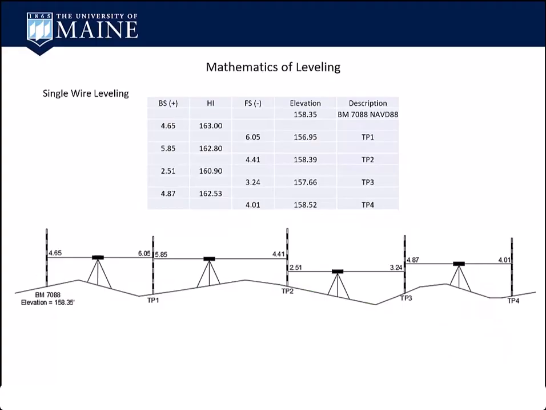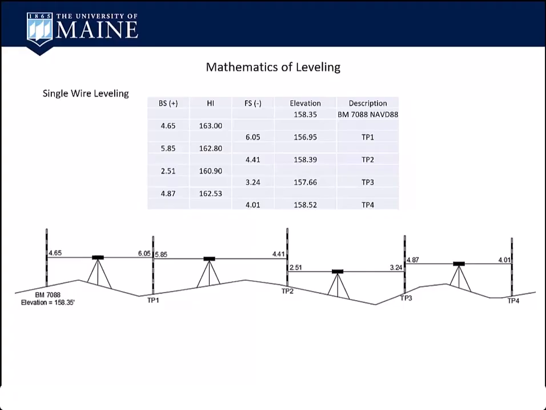So this is just a simple setup. You can make these tables. I've got notes later. You'll make these tables in your book or on the SD card in the digital level: backsight is plus, HI, foresight minus, elevation, and a description.